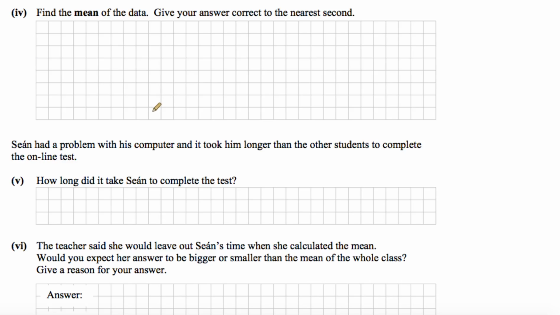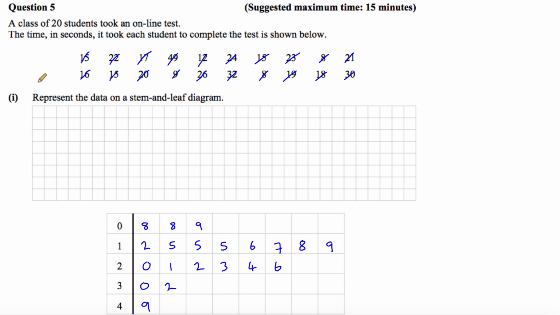Okay, moving on. Part 4, find the mean of the data, give your answer correct to the nearest second. Okay, so the mean of the data would be if we add up all of these numbers up here, and we divide by how many people took the test, which is 20. So we're going to add up all these values here and divide by 20.